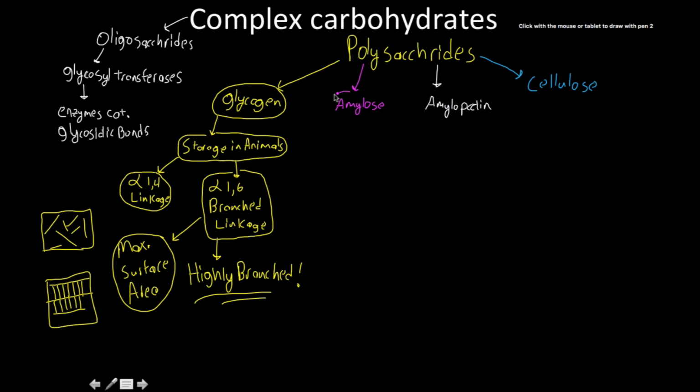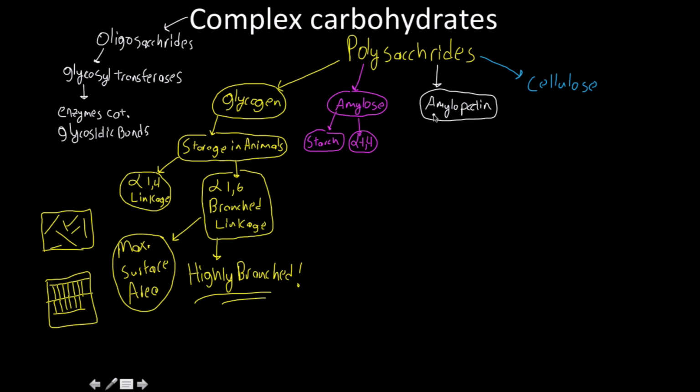So amylose is something really unique to plants. If you've ever had pasta or any other type of starch, it's colloquially referred to as starch. This is just alpha 1 to 4 linkages. Not really much more I can say about amylose. However, its closely related friend amylopectin is analogous, I don't think it's homologous, to glycogen.